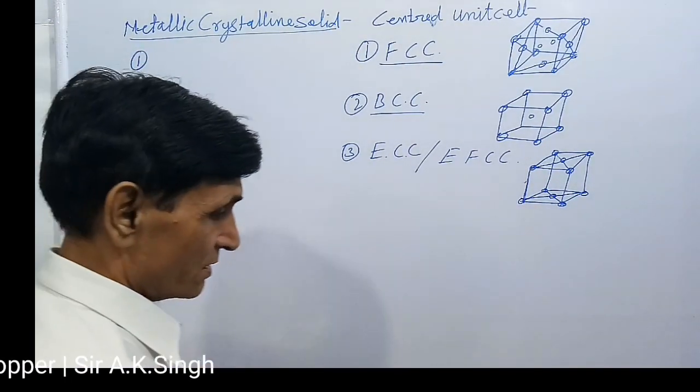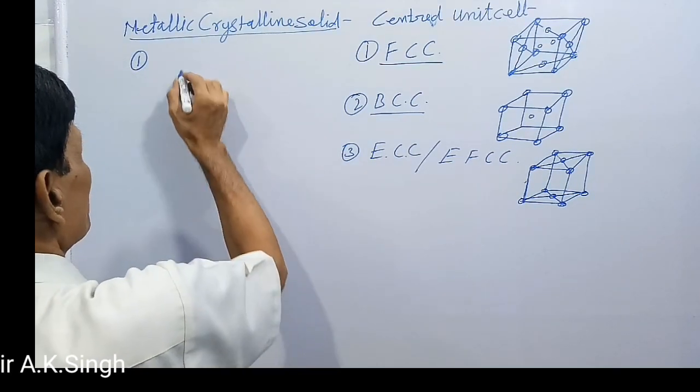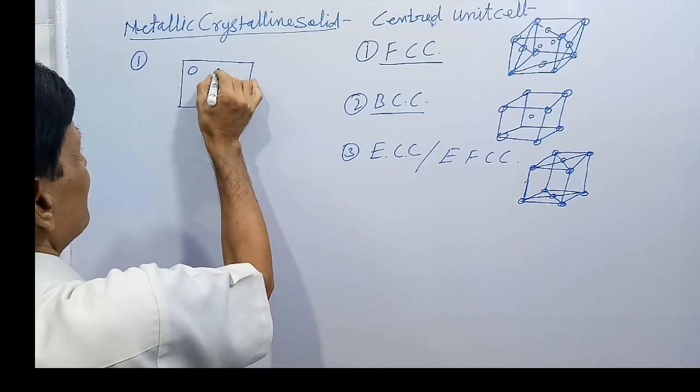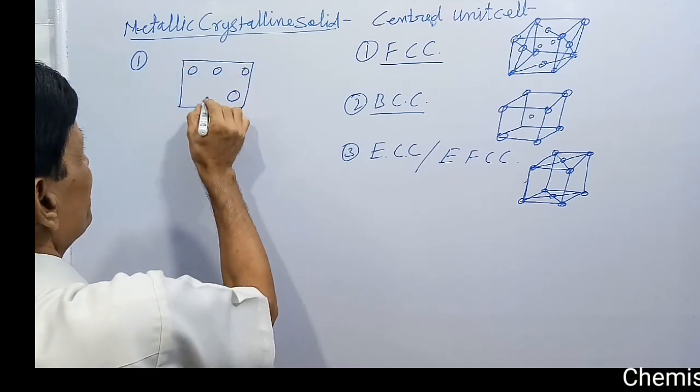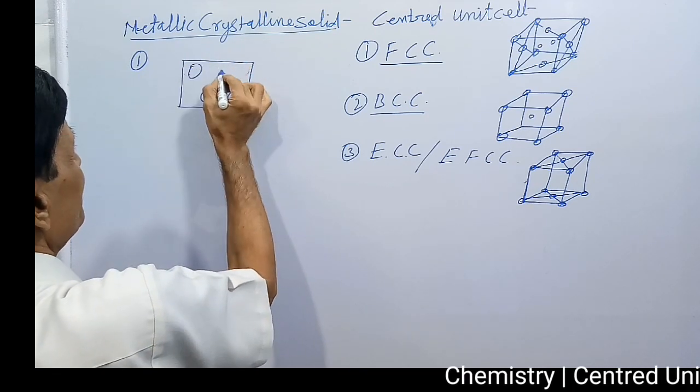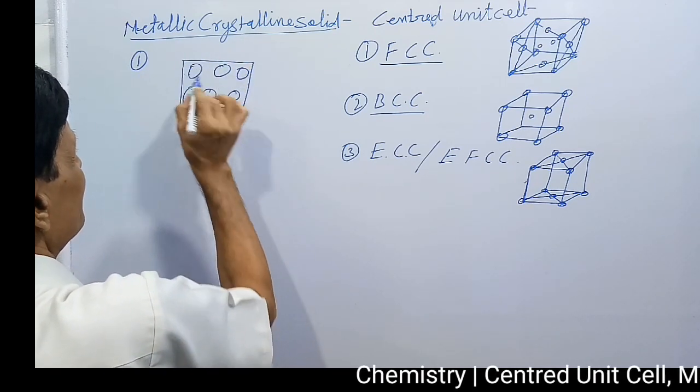First, about a metallic crystal: suppose this is a metal and these are the atoms present in the metal, for example.